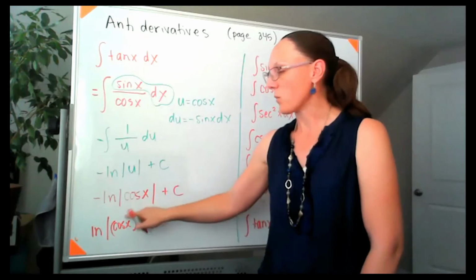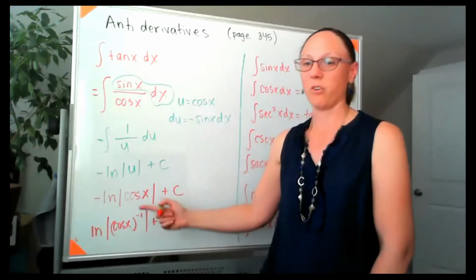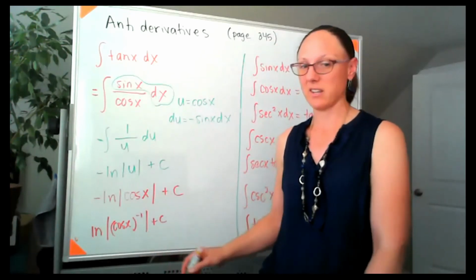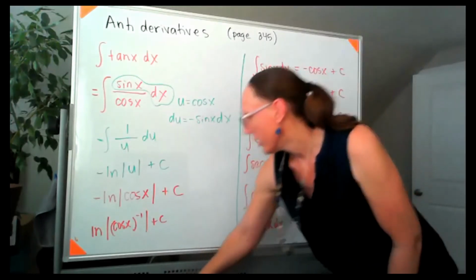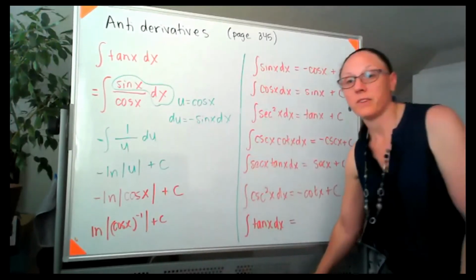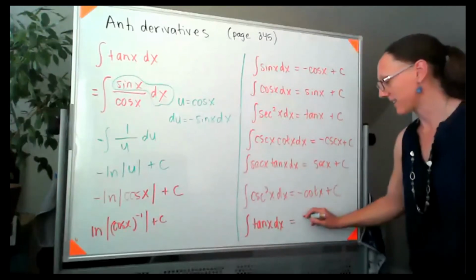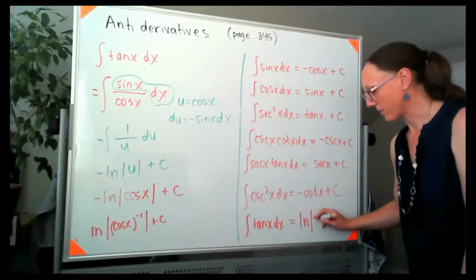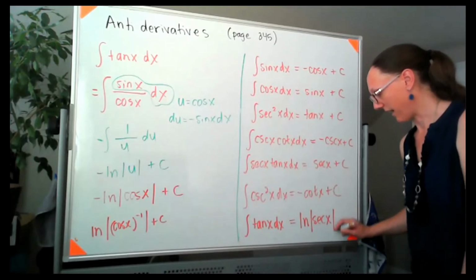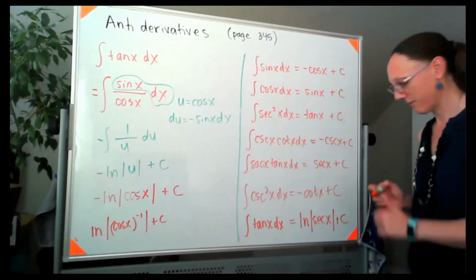But that's the same as 1 over cosine, and 1 over cosine is the same as secant. So a lot of times, the way this integral is written in a table is that the integral of tangent of x dx is equal to natural log absolute value of secant of x plus a constant.